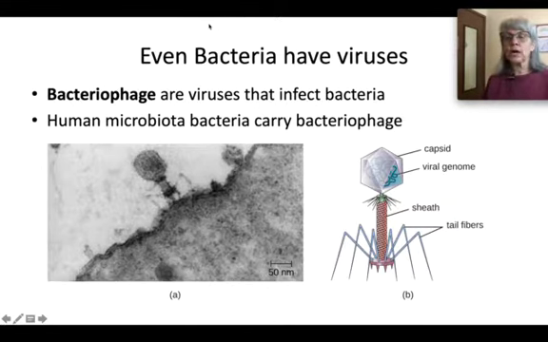It does not have an envelope, but for the head, you've got the capsid, which encloses the viral genome. It has a long neck, which is the sheath part. And then for the base, it's got tail fibers and a base plate. These are used for attaching and help the genome enter the bacterial cell.